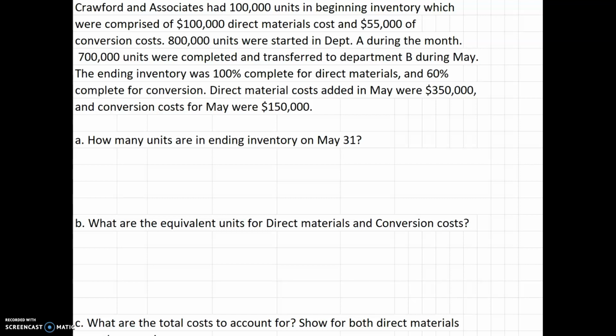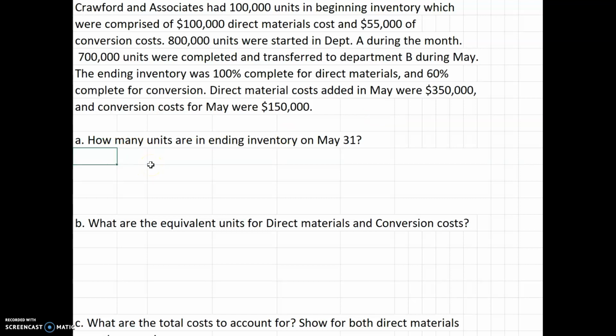And the costs were 100,000 direct materials, 55,000 conversion costs. 800,000 units were started in the department during the month. 700,000 were completed and transferred. The ending inventory was 100% complete for direct materials and 60% complete for conversion costs. Then they give us the costs of the materials added during the month.